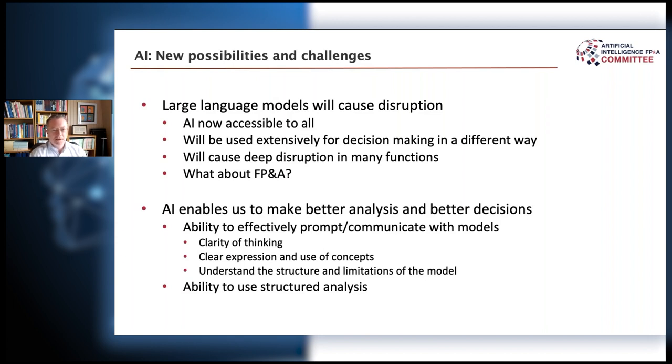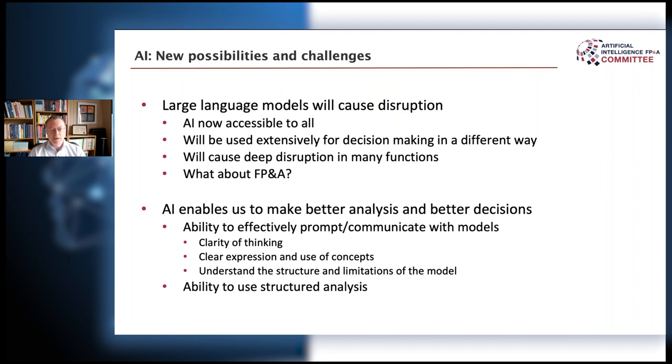Those models basically are going to cause disruption everywhere, not only in management, but everywhere in society. And we're only seeing really the tip of the iceberg yet. What is changing now is that we have AI models that are accessible to all, that we can communicate with in natural language.